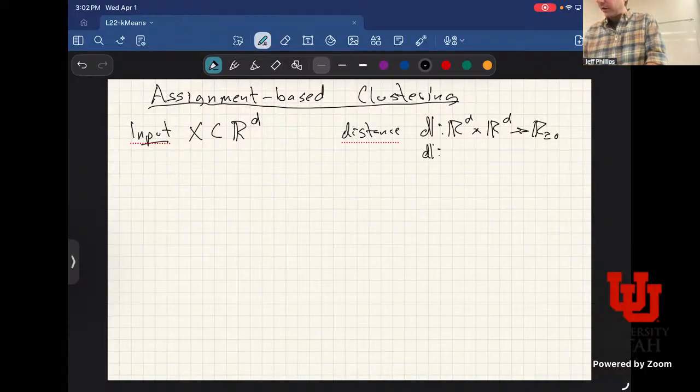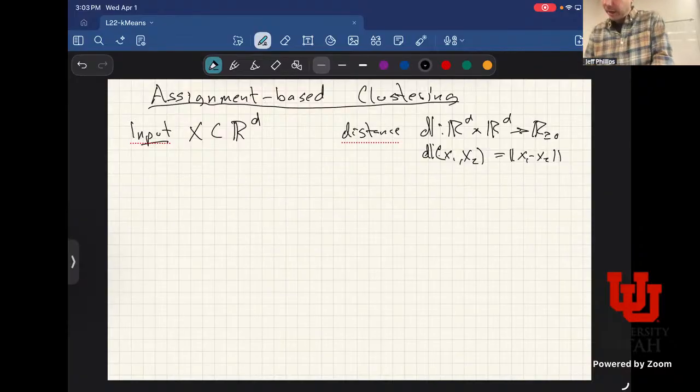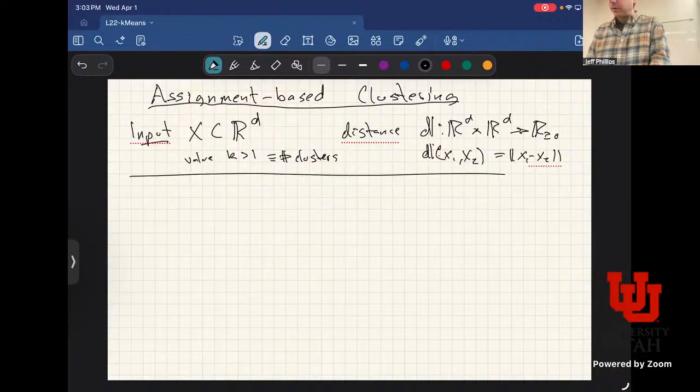We will use the Euclidean distance between any two points. And we're also going to get, as part of our input, a value k greater than 1, which is going to be the number of clusters that we want.